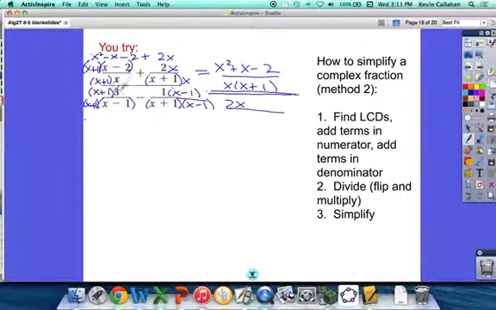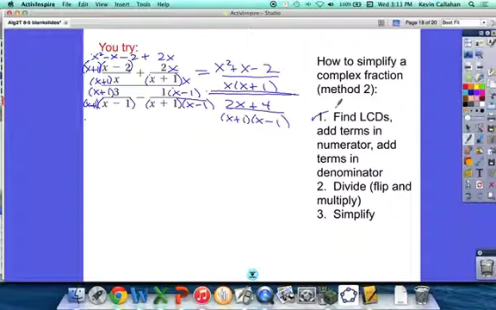The 3 minus a negative 1 will be 3 plus 1, or 4. And the denominator is x plus 1 times x minus 1. Okay, then that's the first step. Find the LCDs, add.